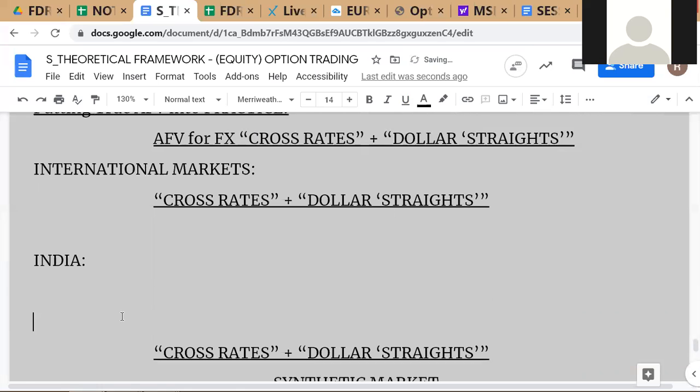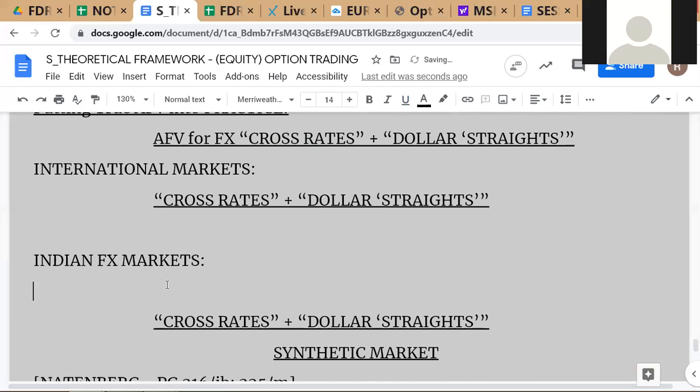So, Indian FX markets. If any of you like what I did, my first job was at a foreign exchange trading room at American Express Bank in Bombay. So there I was in the Indian FX markets. So, cross rates and dollar strengths.